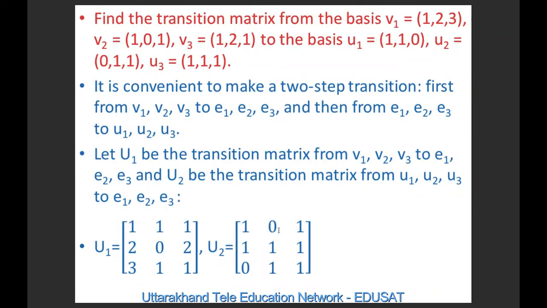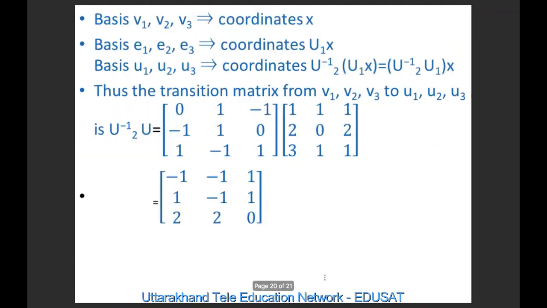U2 is 1 0 1, 1 1 1, 0 1 1. We can find its inverse. First of all, we will calculate its determinant, which is a non-zero number. Then we will find the minors of each of its elements, take its transpose and divide by the determinant. So we will get the inverse.